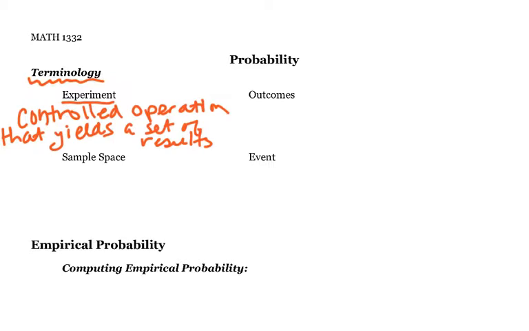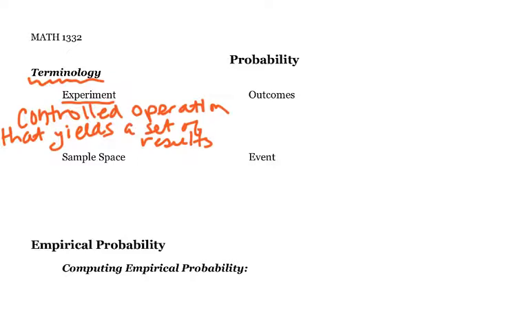If you think about it, you might have done a science experiment before, and there's a certain method and methodology that you follow in order to do a science experiment. In probability experiments, you're looking more at situations that have certain types of results.